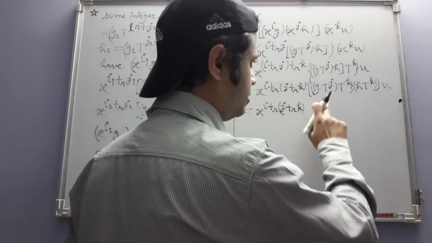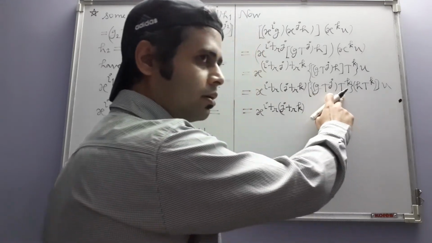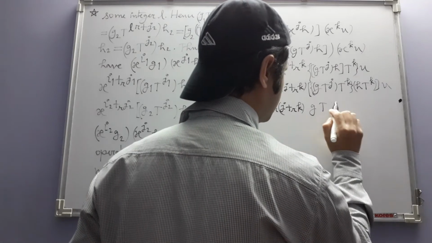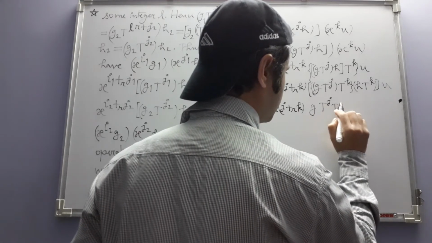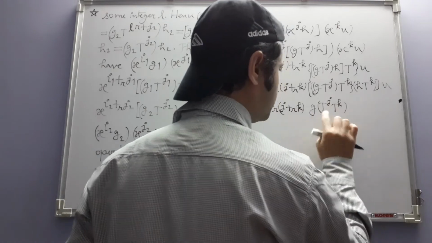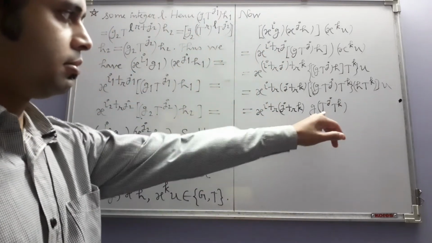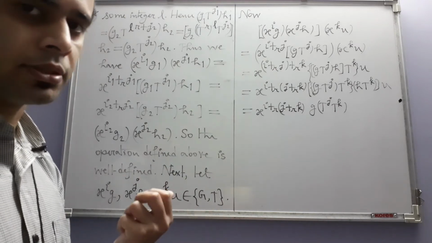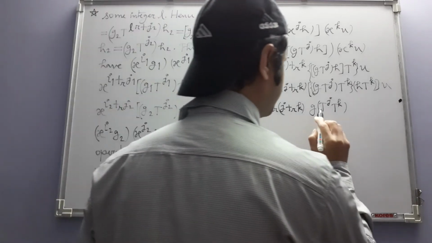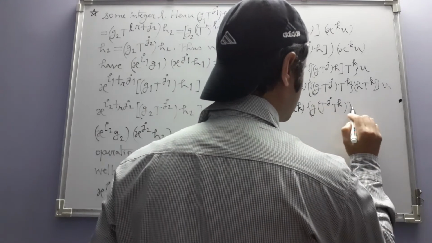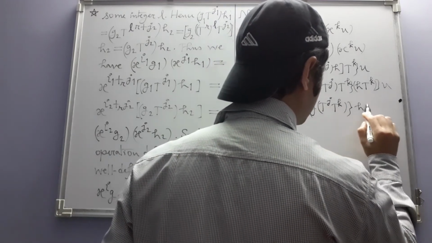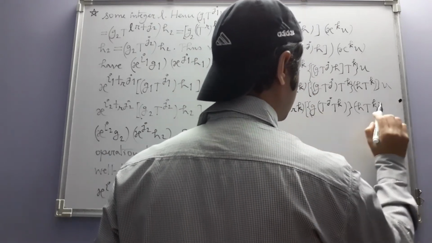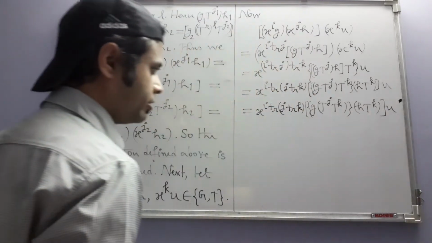Now note that here we have composition of mappings. So that means this product is the product in our automorphism group, where the binary operation is composition of automorphisms. Okay, so this is one group element, h t to the power k. This is another group element, and outside we have u also.